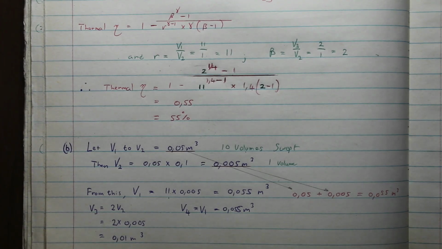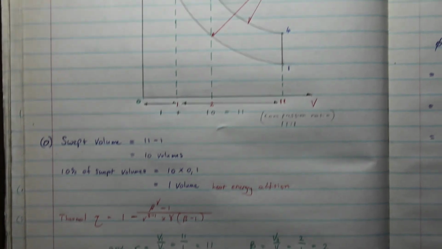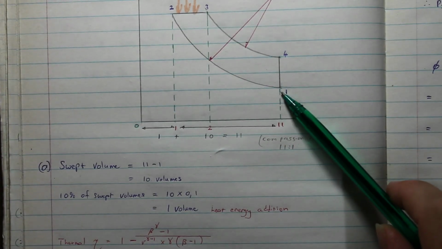They gave us that in the question. They also gave us the pressure of the intake conditions, so we know the intake pressure at 0.1. They said that's 96 kPa.